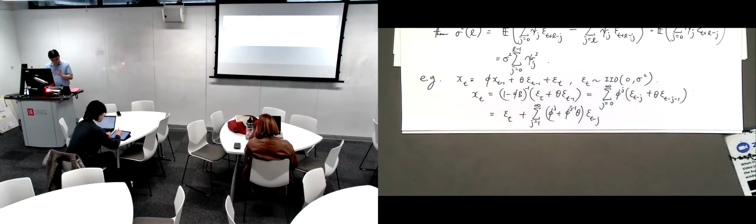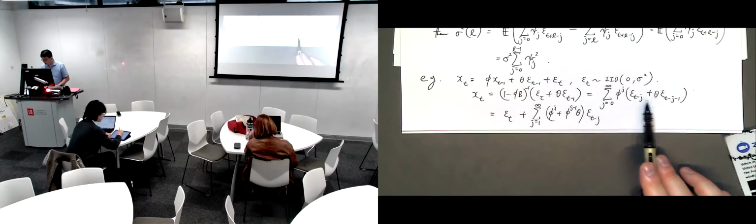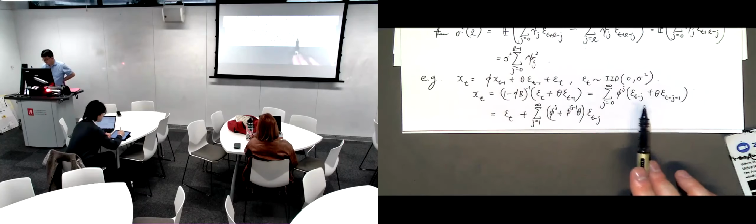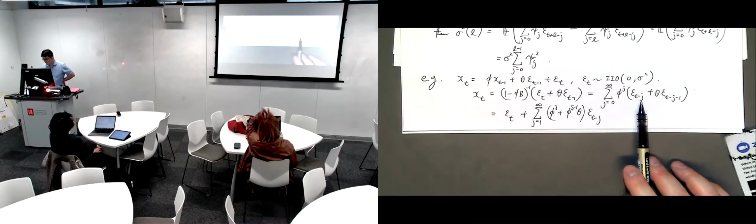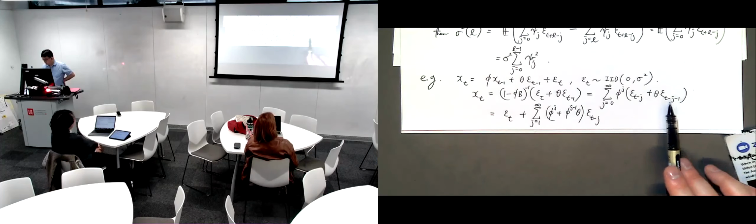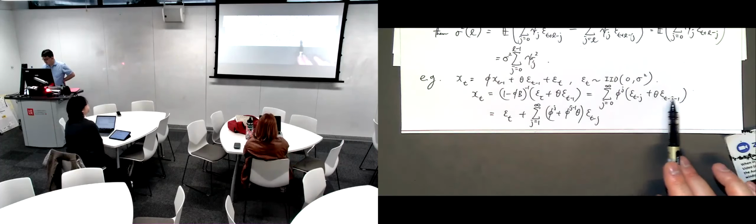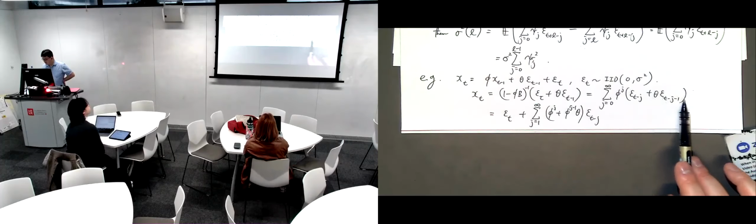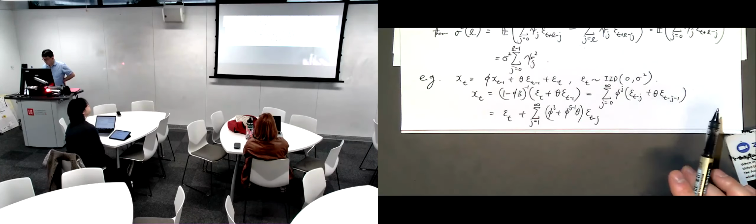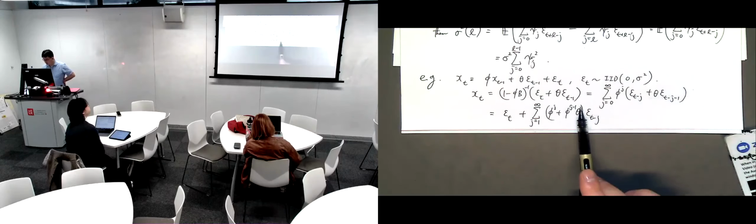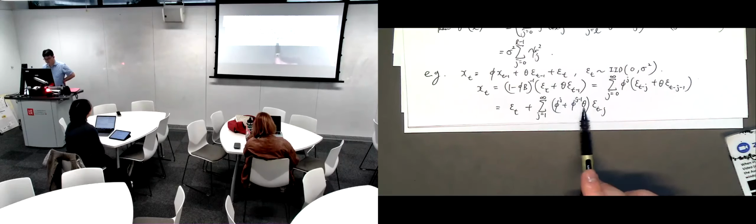If you're a little bit confused, think about that, okay? I'm collecting terms on both sides, only as epsilon_{t-j}. Epsilon_{t-1} here is when j equals 1, and epsilon_{t-1} also appears in here when j equals 0, and so on and so forth, okay? So I collect all those epsilon_{t-j} and sum the corresponding coefficients.